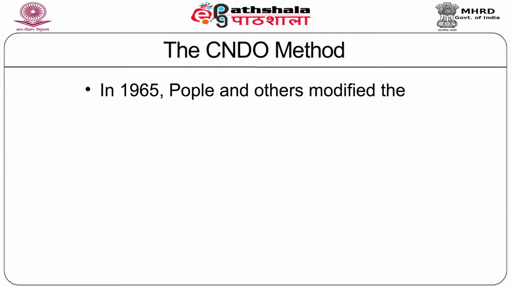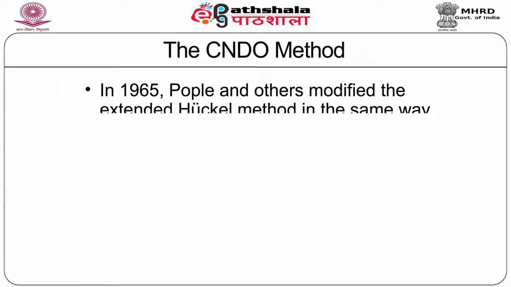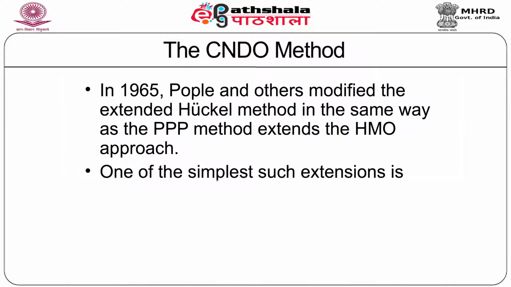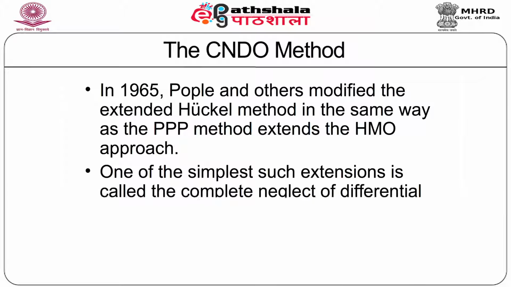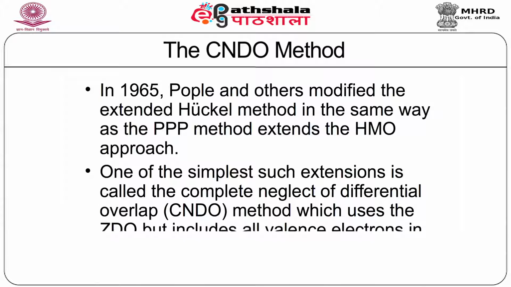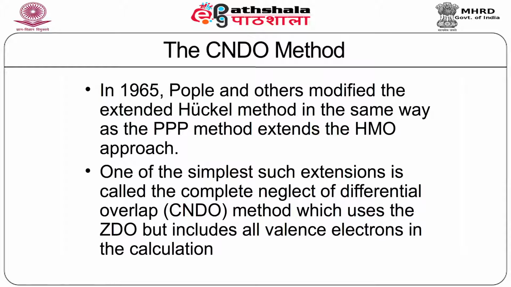In 1965, Pople and others modified the extended Huckel method in the same way as the Pariser-Parr-Pople method extends the Huckel molecular orbital approach. One of the simplest such extensions is called the complete neglect of differential overlap or the CNDO method, which uses the ZDO but includes all valence electrons in the calculation.